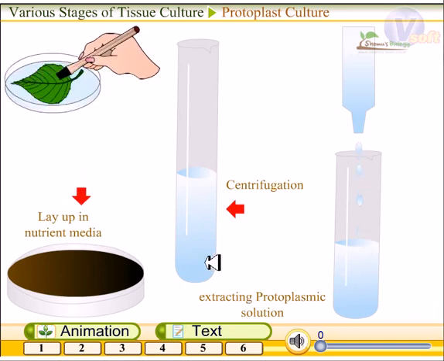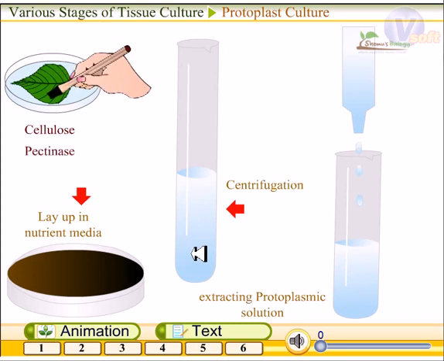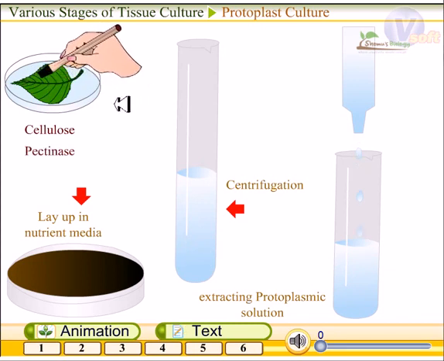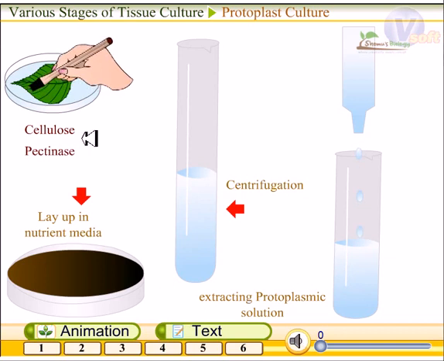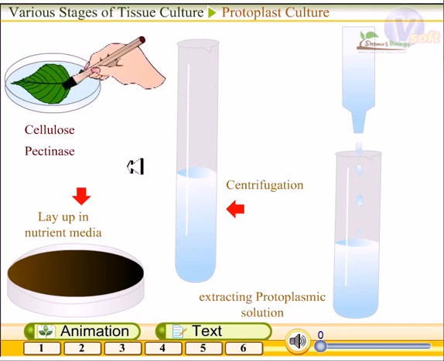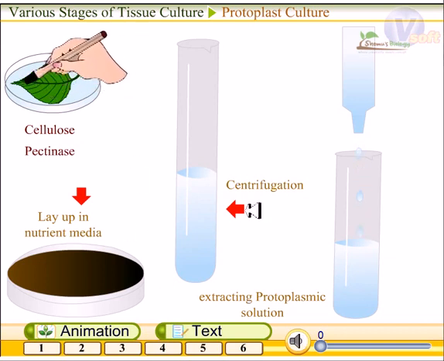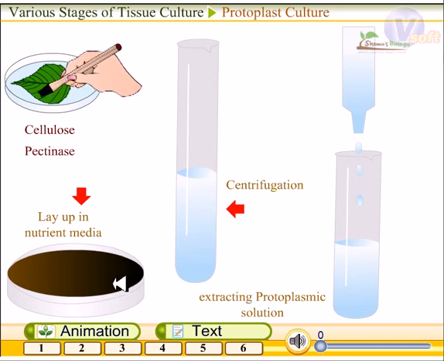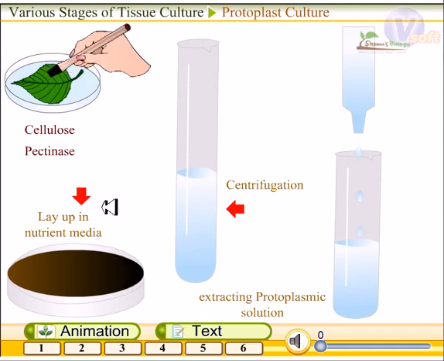We take this nutrient part from here, and then we take this from this portion and we give cellulase and pectinase as an enzyme here, and then we put in the medium, and we take these droplets and put in the medium again, and then from the media a new cell will start to grow.